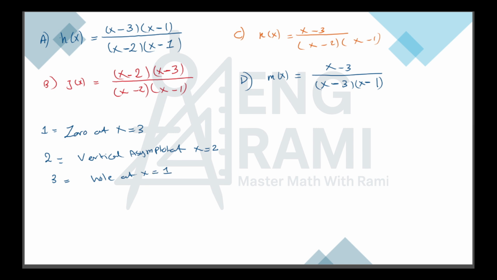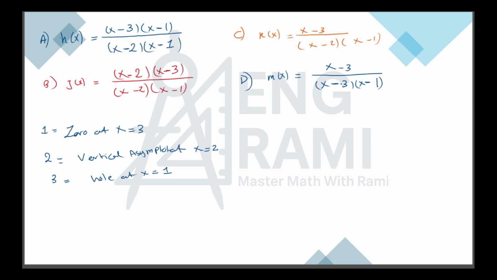So the first requirement is a zero at x equals 3. Looking at the first choice, we have (x - 3) in the numerator and (x - 3) in the denominator, so x - 3 is repeated up and down.